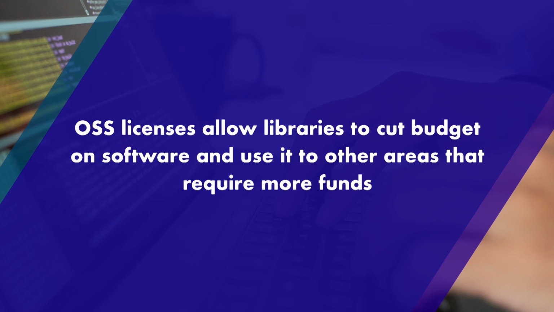Then every year 15% of the total cost will be spent as AMC. So it's not only a one-time capital expenditure, but a recurring annual maintenance contract price you have to give if you are utilizing commercial software.